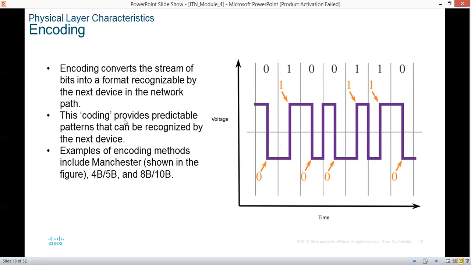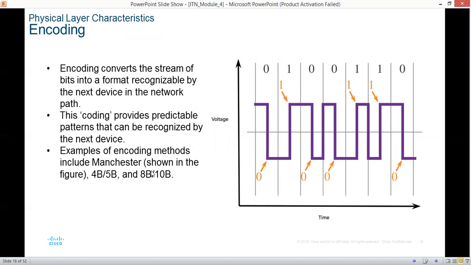This coding provides predictable patterns that can be recognized by the next device. An example of an encoding method is Manchester, shown in the figure. That's what you can see here. This is to give us different encoding patterns when it comes to the physical layer.